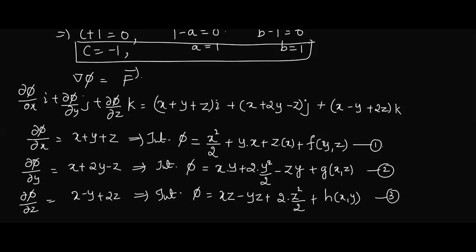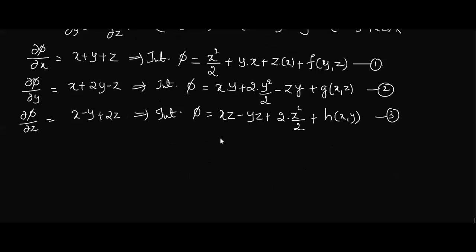Yeah, all of you listen to this step where we choose f, g, h. Now f of y comma z is to be taken in such a way that you get a unique expression.